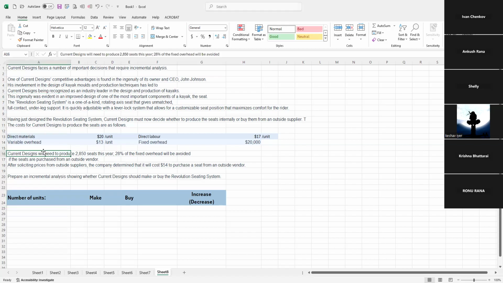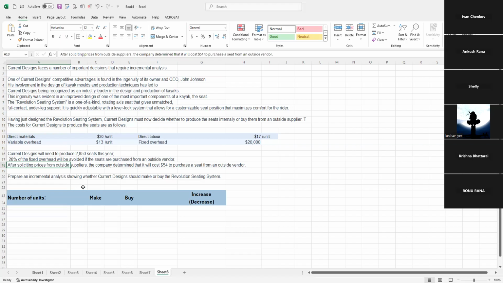So let's flip this one because that's actually new information. Currently, we need to produce 2,850 seats. 28 of the fixed costs can be avoided. After soliciting prices from outsiders, the company determined that it will cost 54 to purchase the seat from the outside vendor.